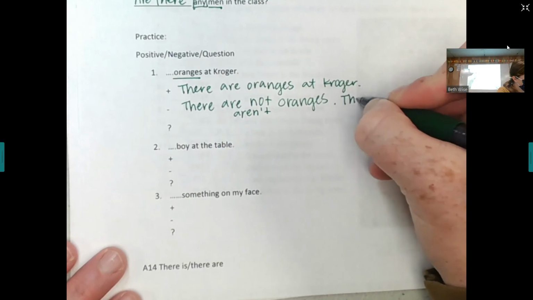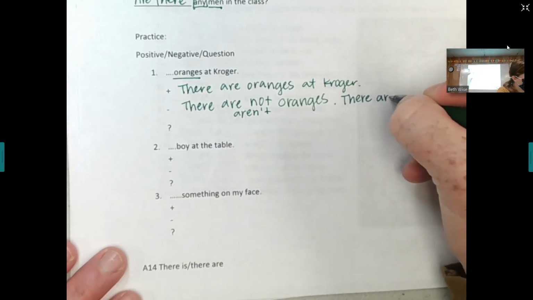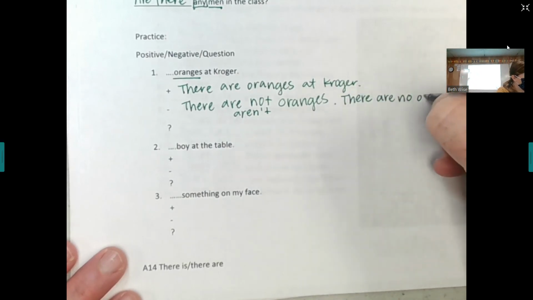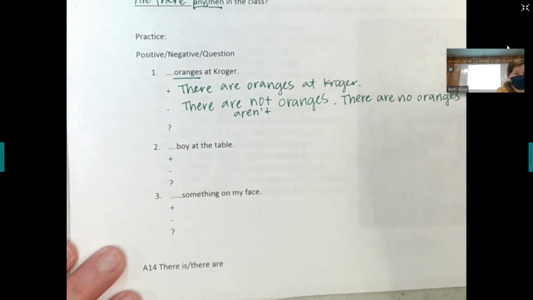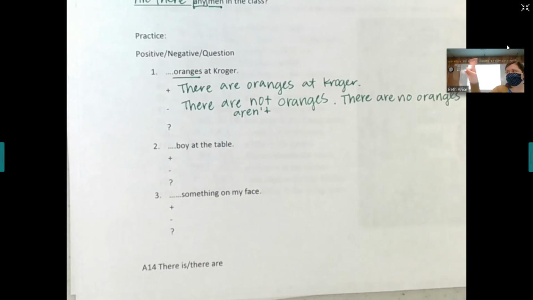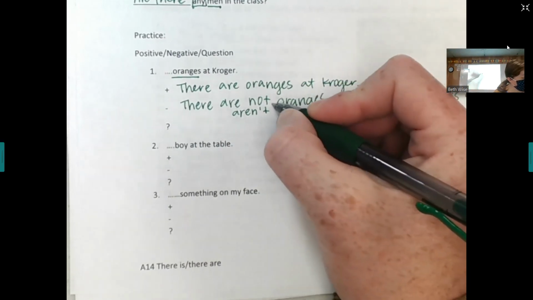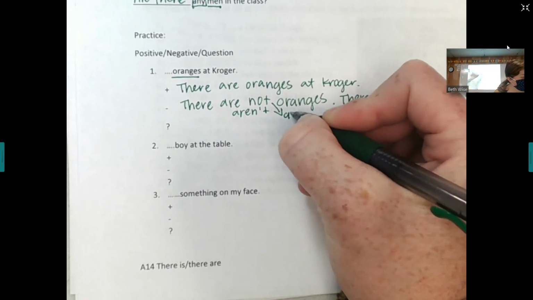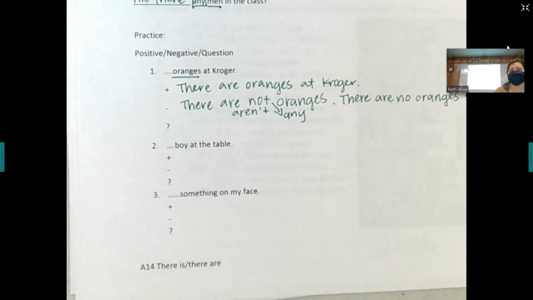You could also say there are no oranges at Kroger. So they're all correct. There's 3 different ways that you can say it. You could even add any: there aren't any oranges. There are not any oranges.